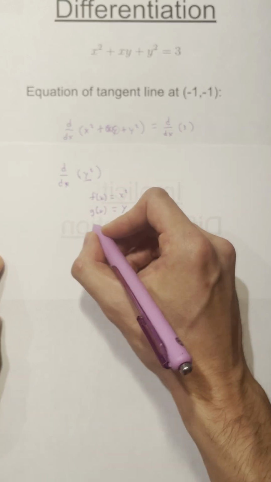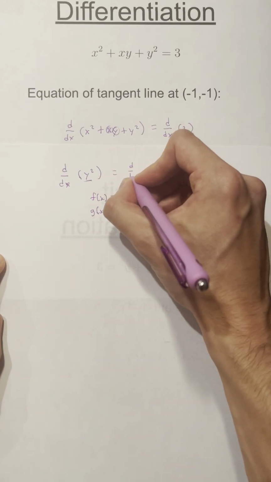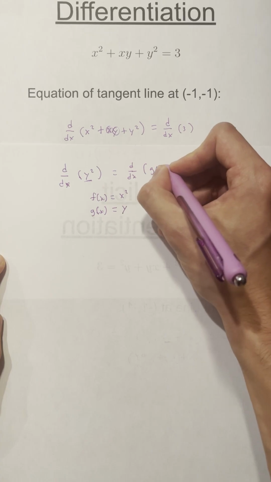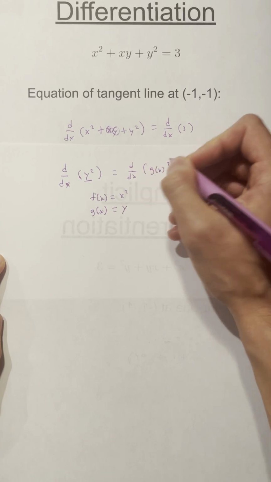So this is going to turn into d dx of g of x squared.